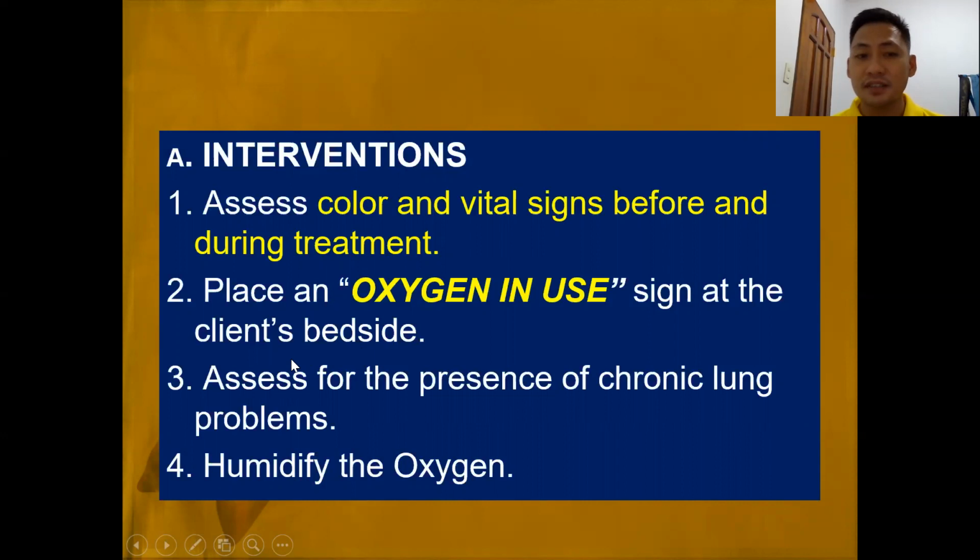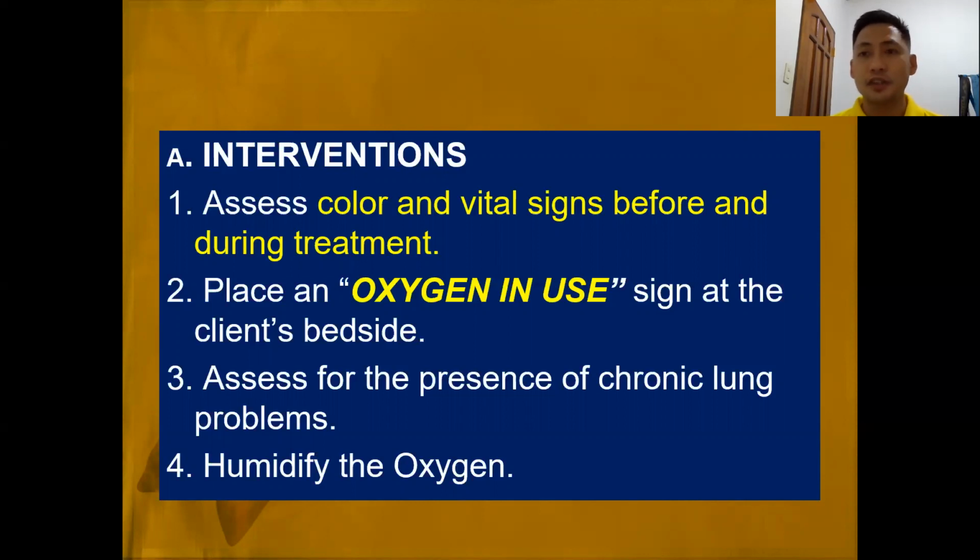Assess for the presence of chronic lung problems because chronic lung problems may require only a small amount of oxygen to be delivered to the patient, especially for patients who have chronic obstructive pulmonary disease. We do not want to give the patient a high oxygen concentration because their breathing might stop. Okay?